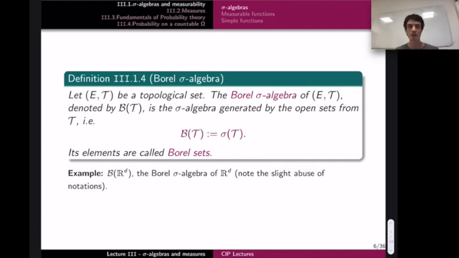So it's the smallest sigma algebra that contains all the open sets. So it's quite big, but in interesting cases such as R or R^d, it's strictly smaller than all the subsets of R^d. And this will be crucial later.